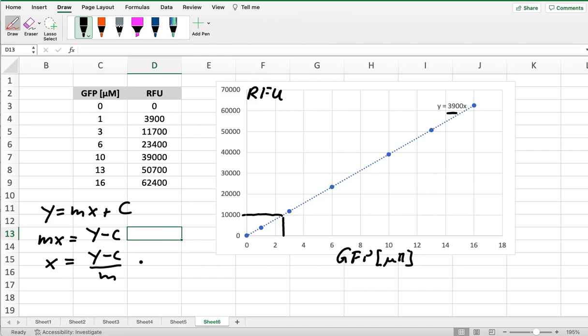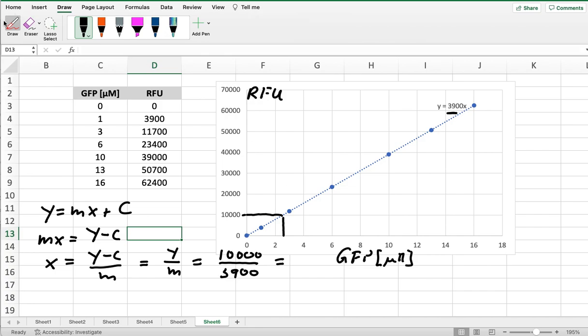C is 0, so in this case it would be just simply y over m. And our y, that was the RFUs per minute that we've calculated. So that is 10,000. We said 10,000 divided by the gradient of 3,900. And we can just simply do that in Excel as well.